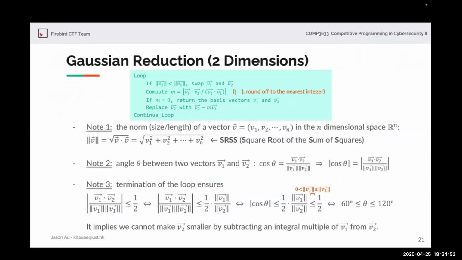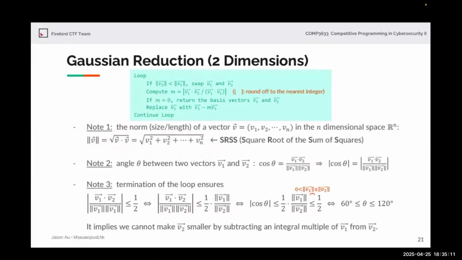So this is the math related to this algorithm. We have some notes. This is the norm. We've just performed the Pythagorean theorem in 2 dimensions. If it's in a higher dimension, we just take the dot product of the vector with itself.